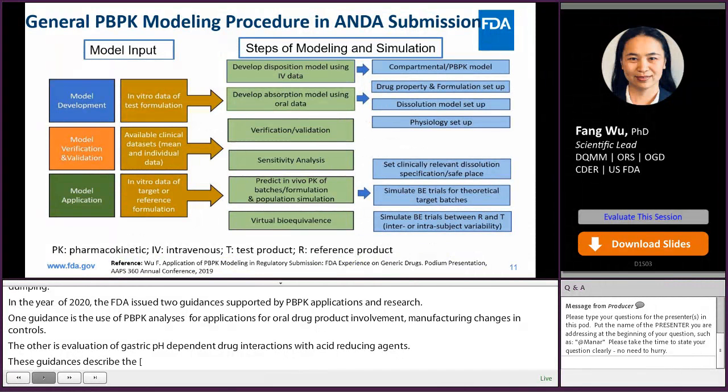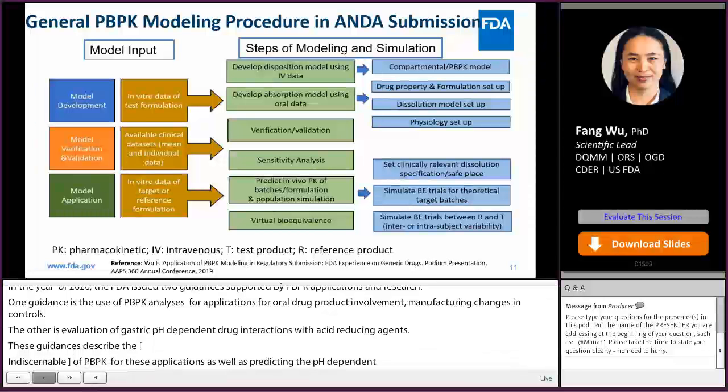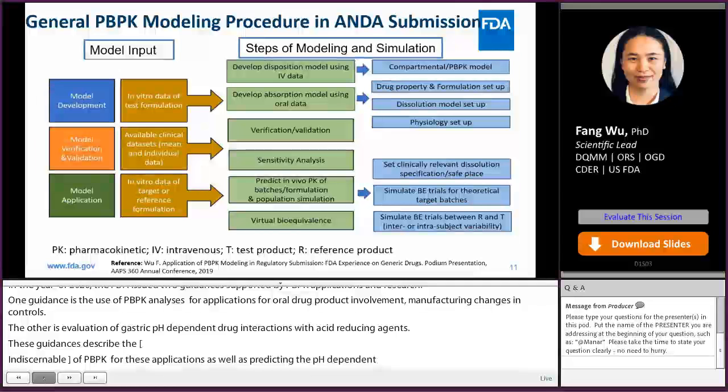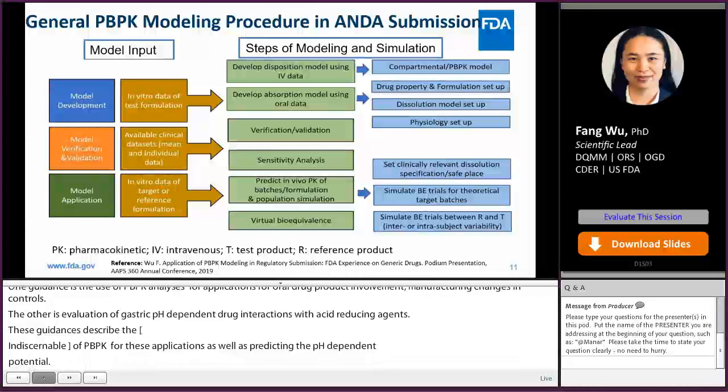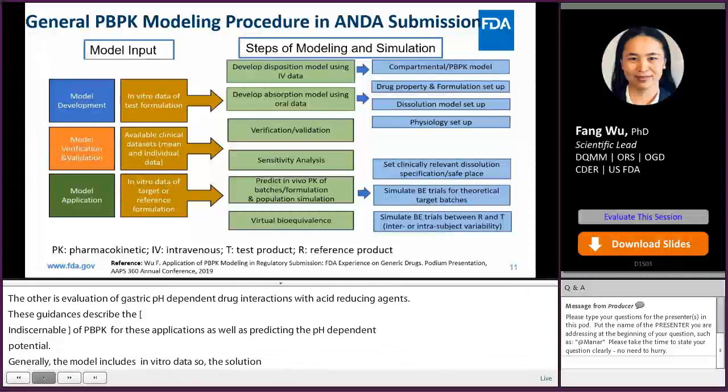This figure shows the general PBPK modeling procedure in ANDA submissions. Generally, the model inputs include in vitro data, for example, dissolution data of both test formulation and reference formulation, as well as available clinical datasets. Then IV and oral in vivo data are used to estimate disposition and absorption parameters.